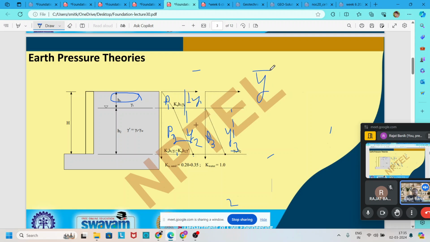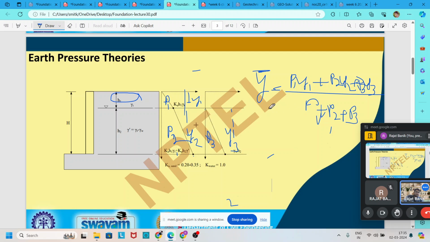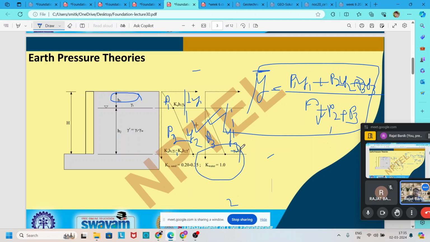So to find out the total combined point of action, we use this formula: P1 Y1 plus P2 Y2 plus P3 Y3 divided by P1 plus P2 plus P3. By this formula, we find out for this case the combined point of action where water also adds in the pressure distribution.